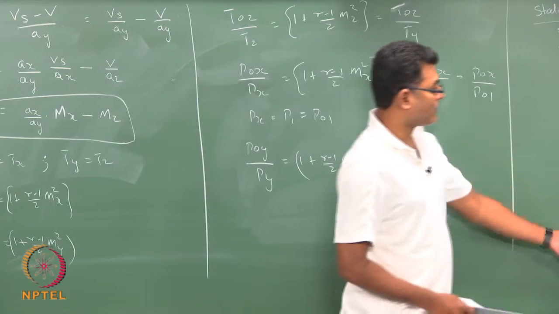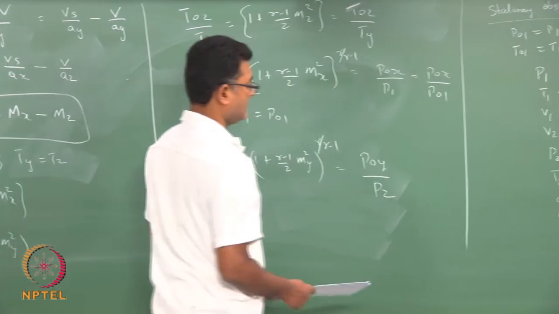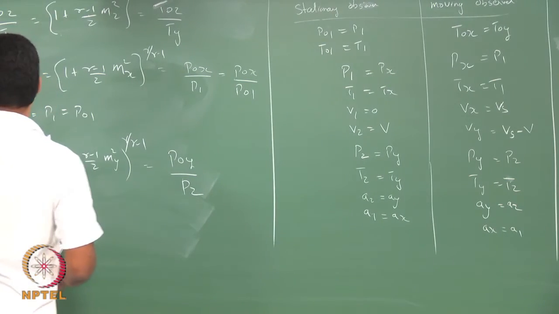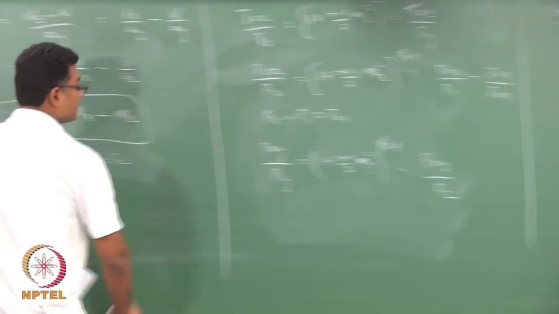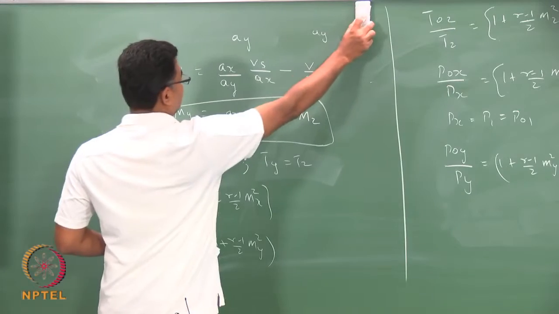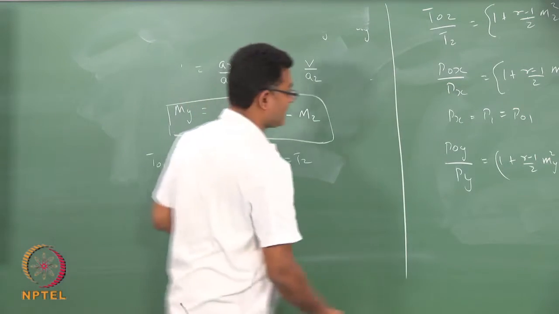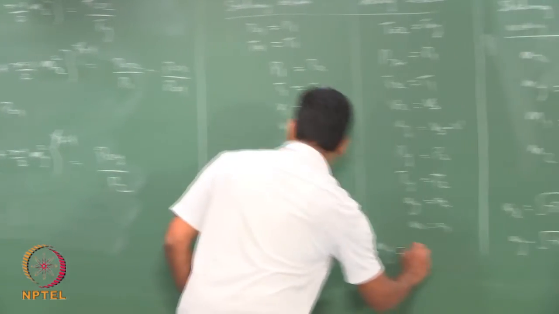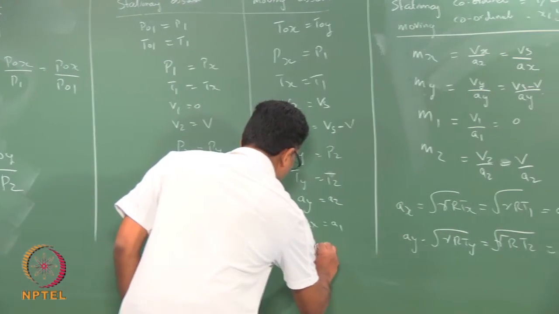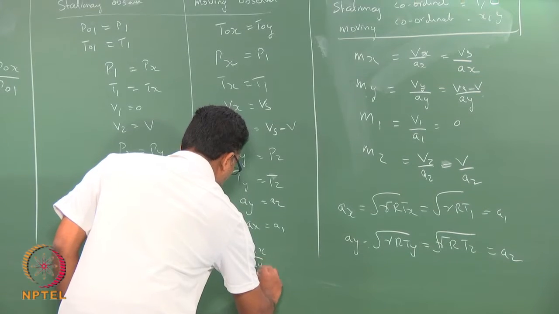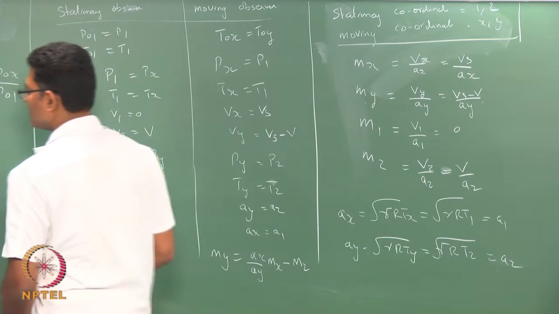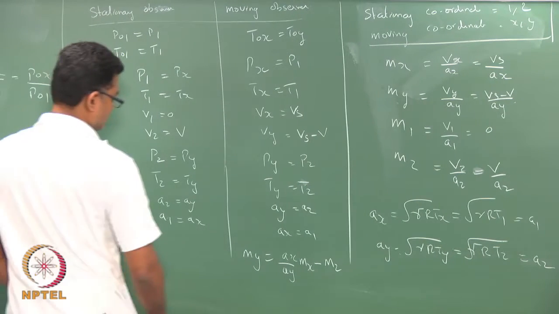Now, I am not going to rub this, but I will rub this portion and rewrite that equation here. My equals Ax plus Ay into Mx minus M2.